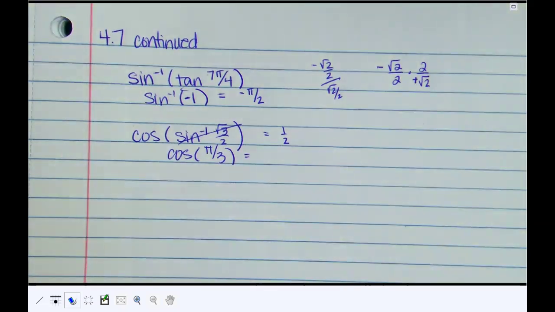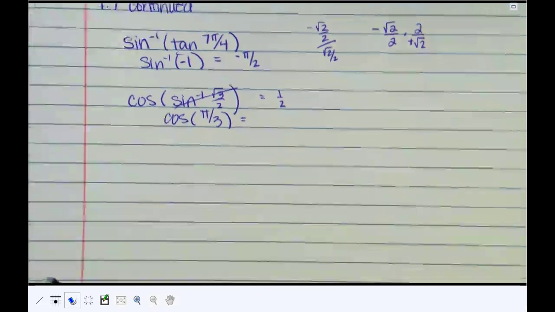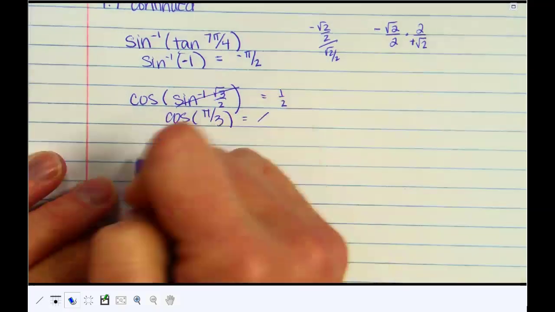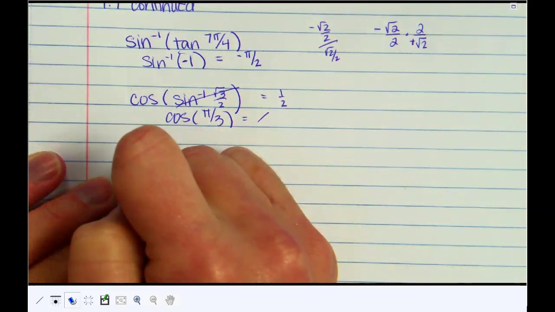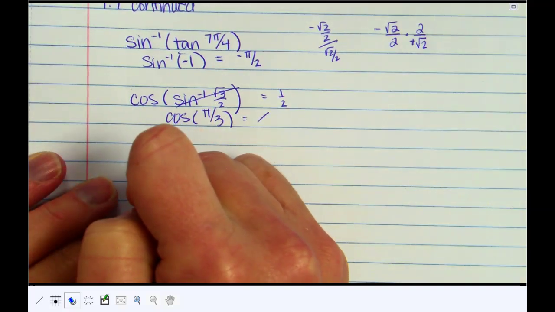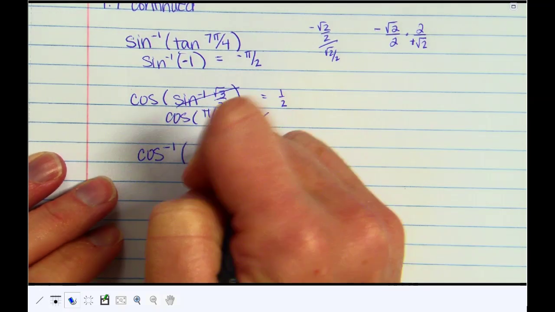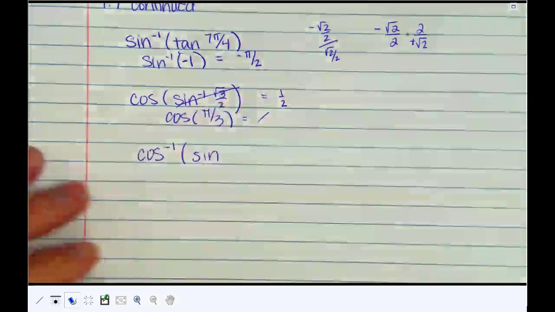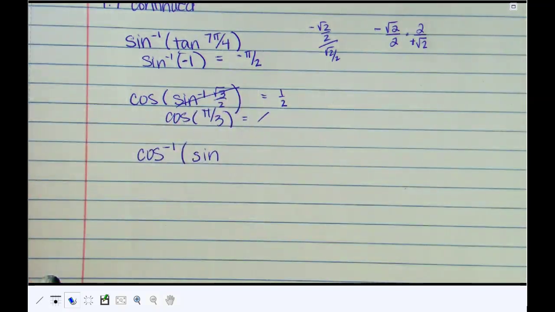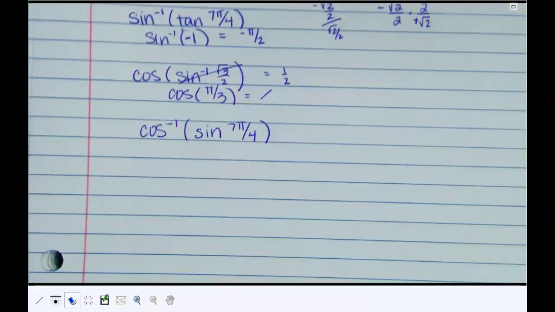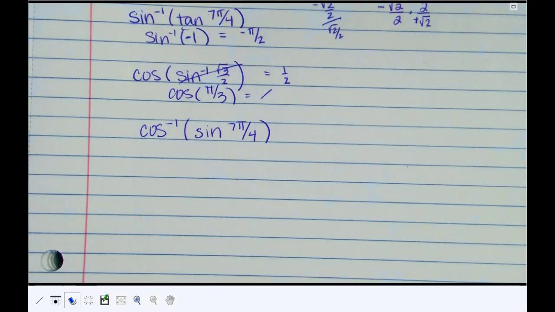So that's the x value, which would be 1/2. Let's go cosine inverse of the sine of. You good? Okay. Cosine inverse of sine of 7 pi over 4.